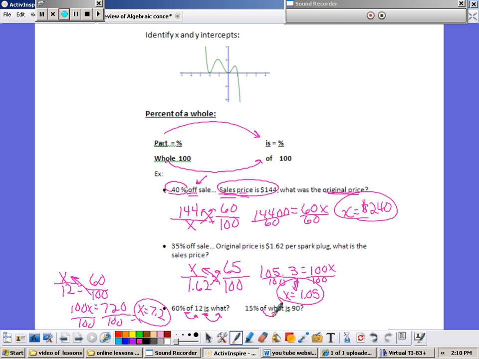Next, 15% of what is 90? So 90 is the part, of is what I don't know, 15%. Cross multiply. 9,000 equals 15x. Divide by 15. 9,000 divided by 15 is 600. 600 equals x.